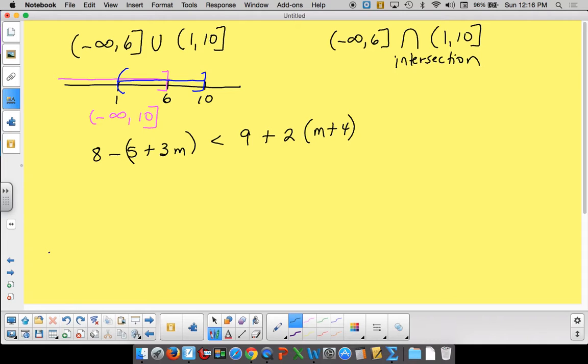So now you're looking for where these two solutions overlap each other. Looking for where you see two colors. And of course, hopefully you're going, well, hey, I see two colors. They're overlapping starting at 1 and going to 6. 1 has a parenthesis on it, 6 has a bracket on it. So my intersection, or solutions where they cross each other, is from parenthesis 1 to 6 bracket.